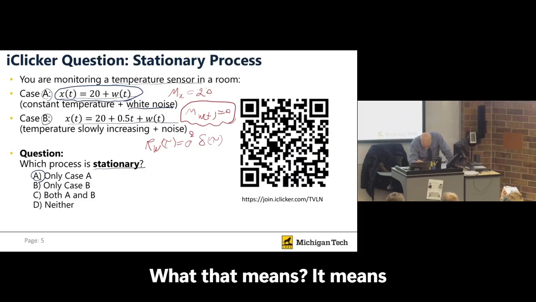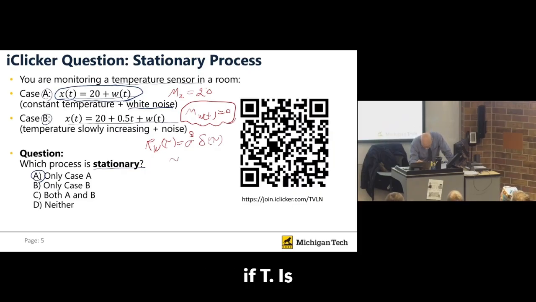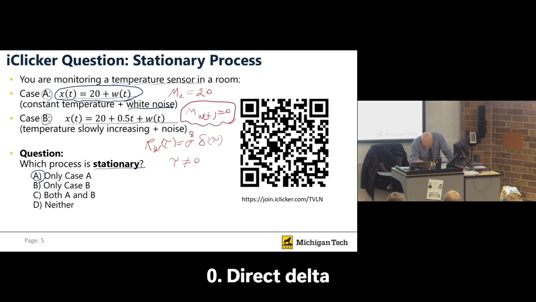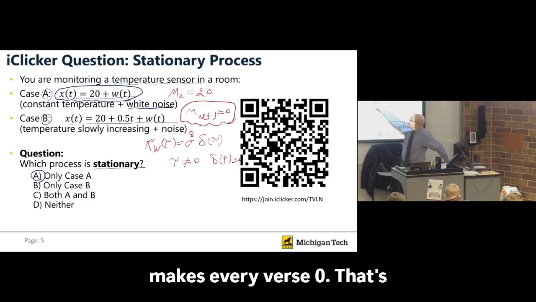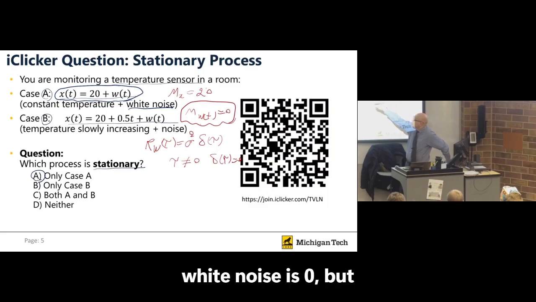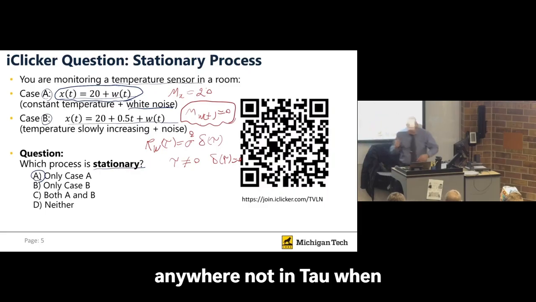It means that if tau is not equal to 0, Dirac delta is 0, so it is 0 everywhere. That's why we said the autocorrelation for white noise is 0 anywhere except at tau equal to 0.